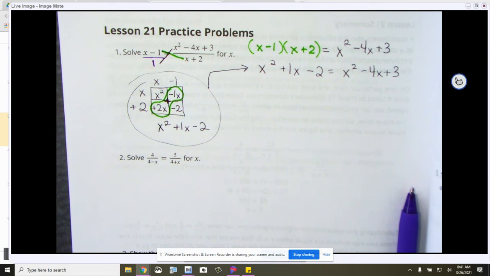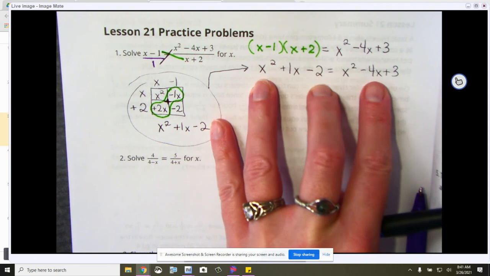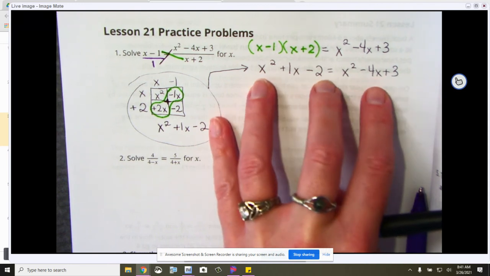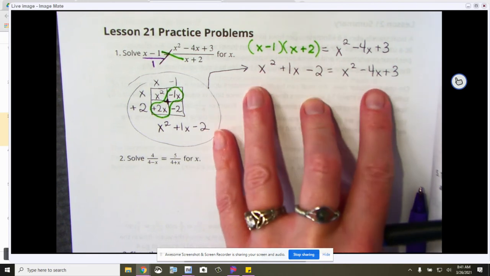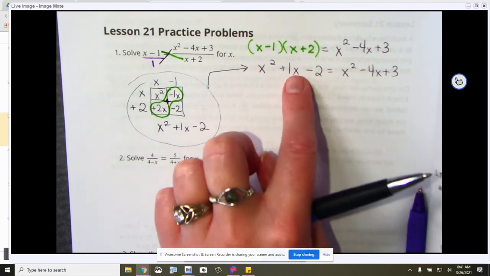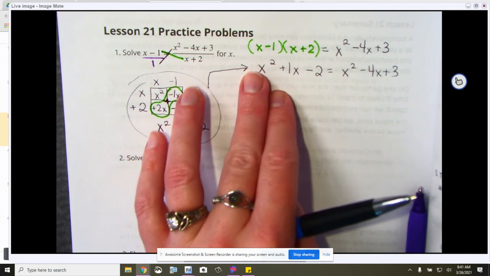Alize, where would you go from here? What would you do as your next step? I feel like I would cancel out the x's. All right, nice. As we're starting to think about these things, we want to start trying to bring some things together. I think this is where you're going, this idea about what we can cancel out, what we can start to bring over together.